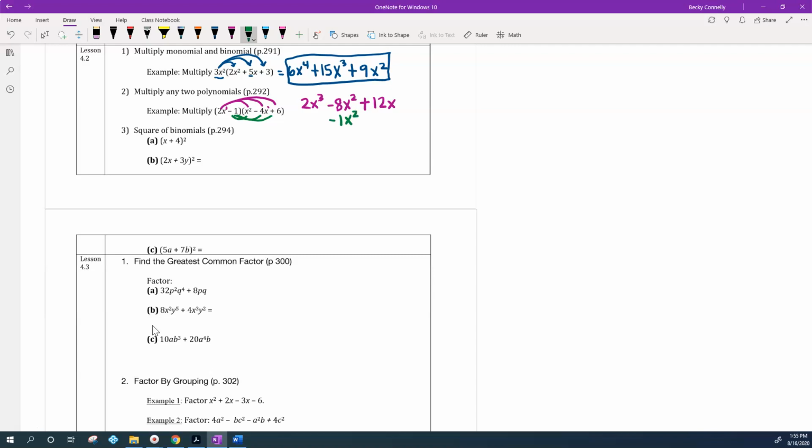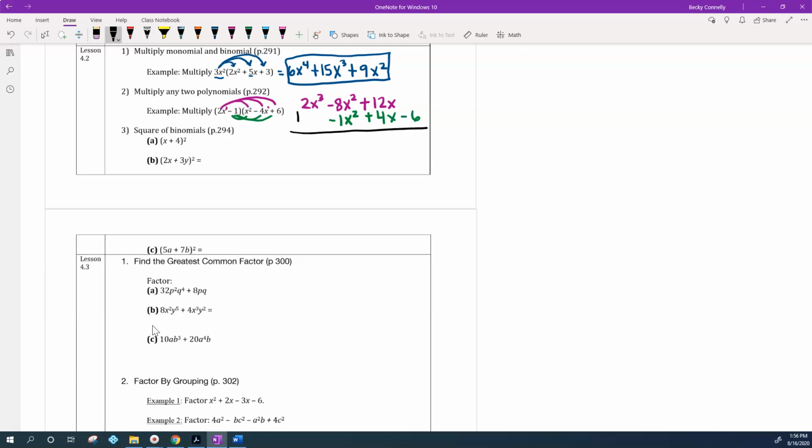But make sure you line it up with the other x squared. Don't put it underneath the x to the 3rd, right? We're doing this to make it easier. So negative 1 times negative 4x will be a positive 4x, and negative 1 times 6 is going to be a negative 6.